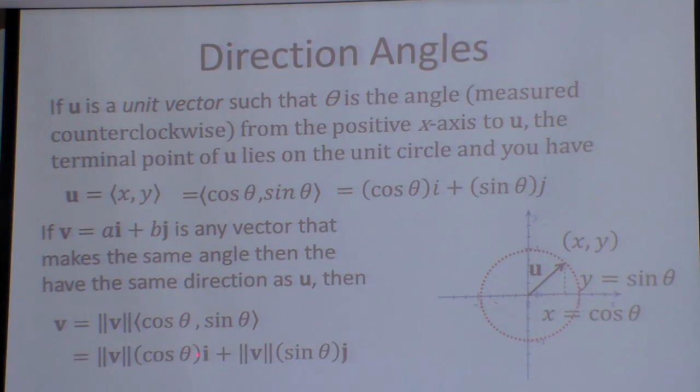So I just need to add my i's and j's, just taking that times that right up there. And notice, A is in front of the i, B is the value in front of the j.